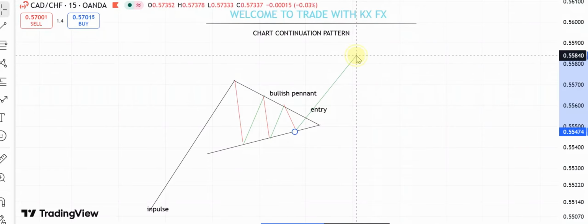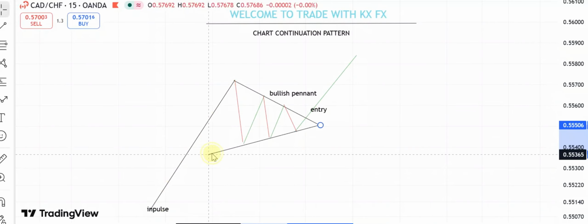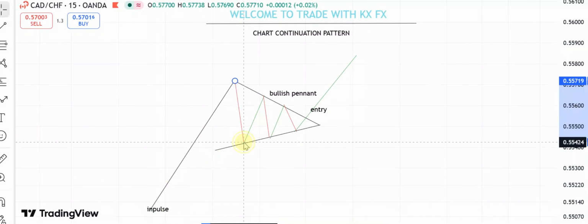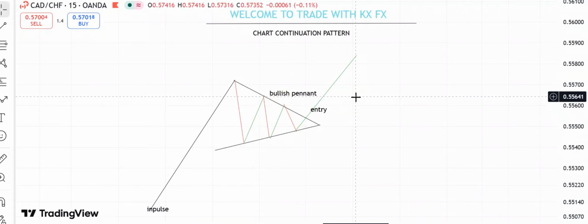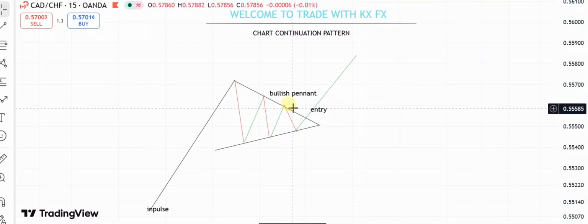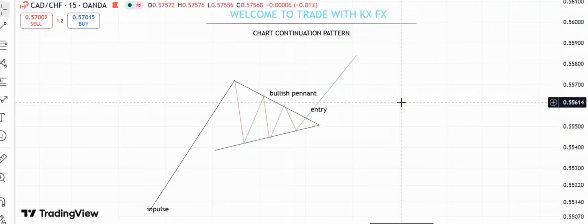If you watch here, this is an impulse move. Just like I said, how do you know when the market is pulling back? First of all, watch what happened in the previous move, which is the impulse move. Always have this in mind: whenever the market is buying, or whenever it has a major move, there must be a pullback.